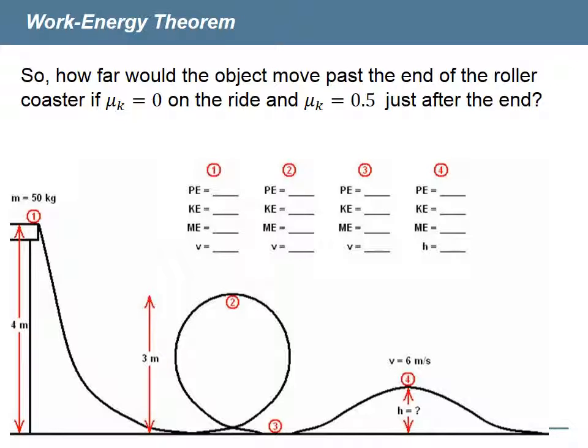And the work done by friction is a force times the distance, right? So in order to figure out how far it goes, we just need to set 1,960 equal to the force times the distance. We can find the force because we have a mass and we have a coefficient of kinetic friction. We can find the force here, and then we'll just need to find the distance. But we'll do this one later.